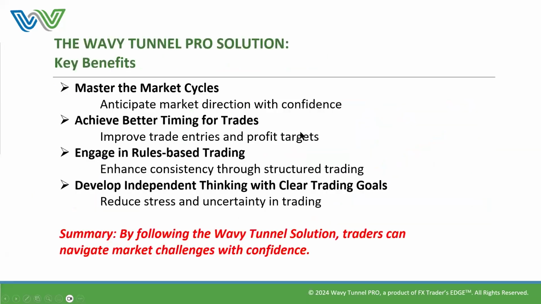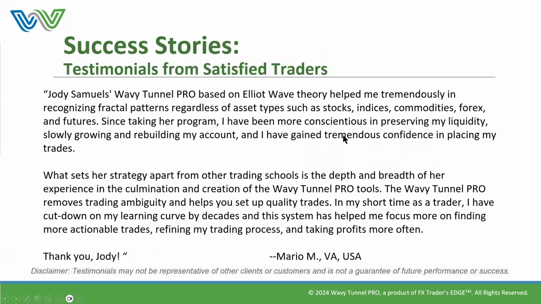So what are the key benefits? To master the market cycles, anticipate market direction with confidence, achieve better timing for trades, engage in rules-based trading, develop independent thinking with clear trading goals. By following the wavy tunnel solution, traders can navigate market challenges with confidence.